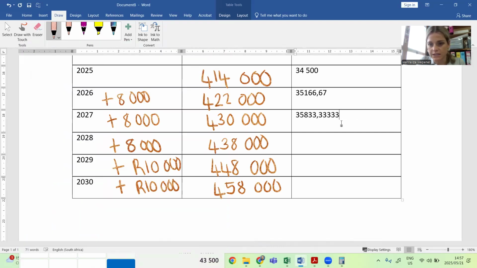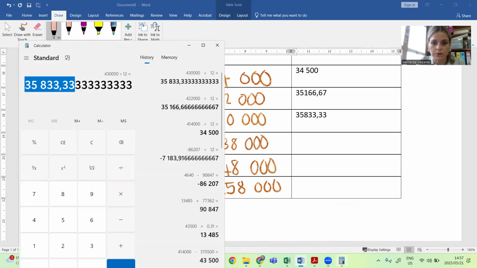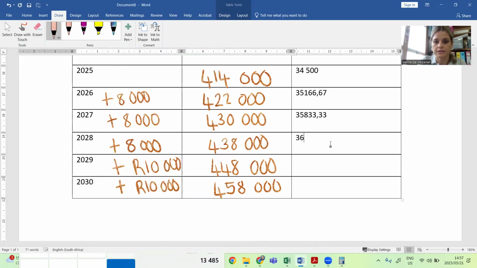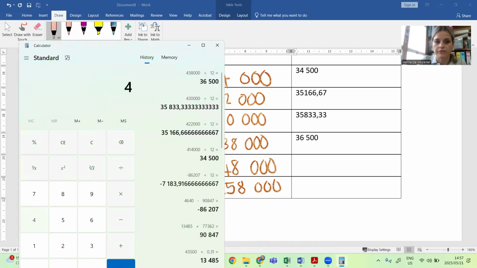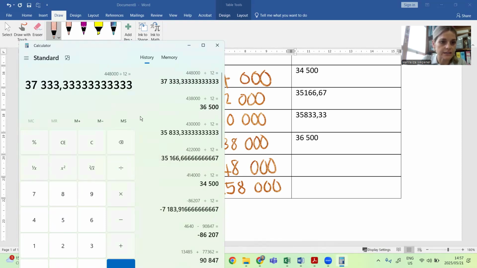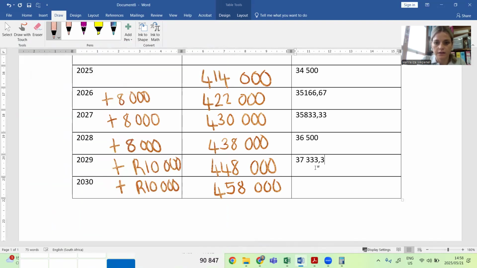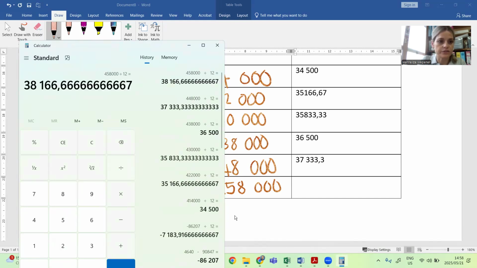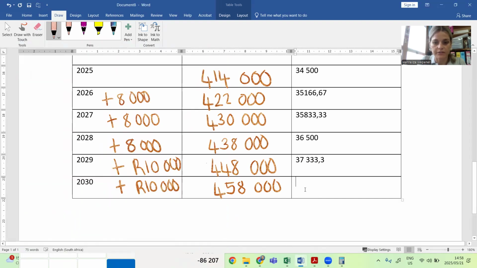Remember, you can't ignore the decimals when you're working with your salaries and wages unless the paper tells you to. So you just divide by 12 for each one of them. 36,500. And then 448,000 divided by 12, another decimal over there. And then the last one, 458,000 divided by 12 to get to the last salary that we have there.